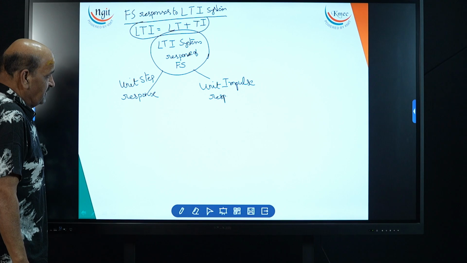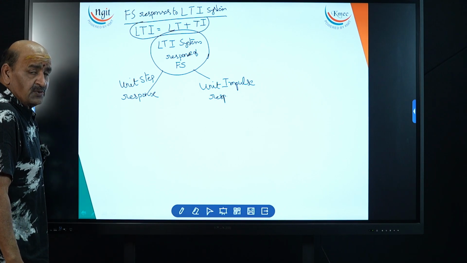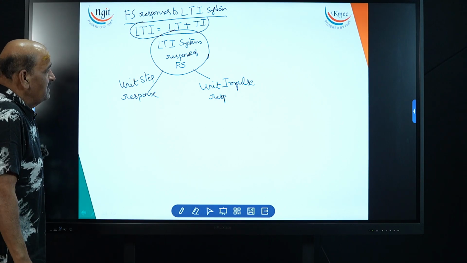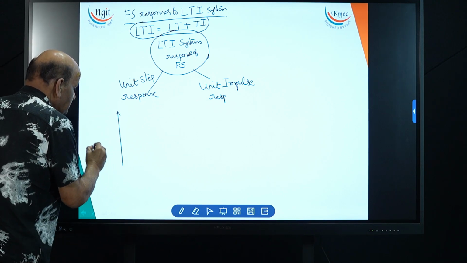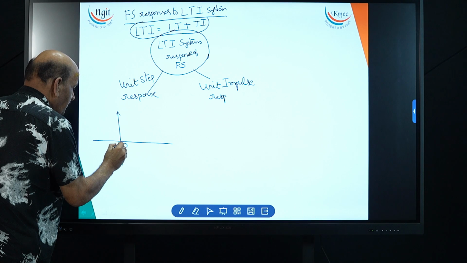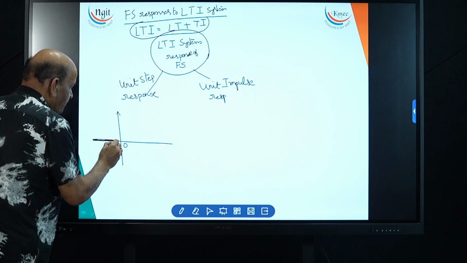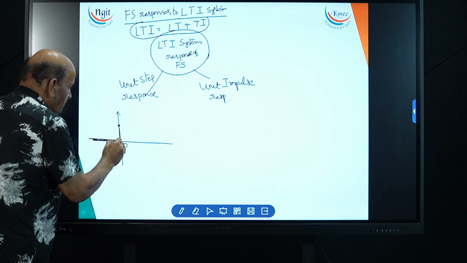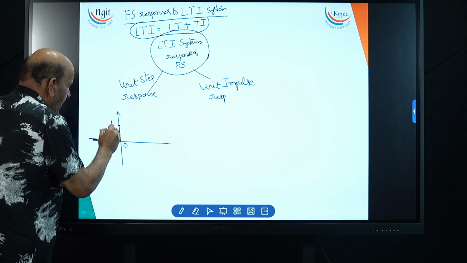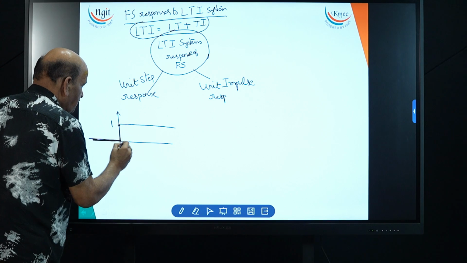Before going to discuss this topic, students have to remember what the unit step function is. It is 0 for all values up to here, up to 0. The moment it becomes 0, the amplitude equals 1, and it continues like this.